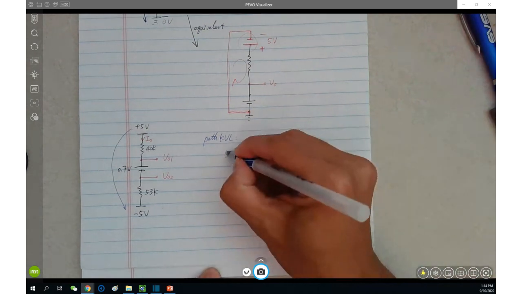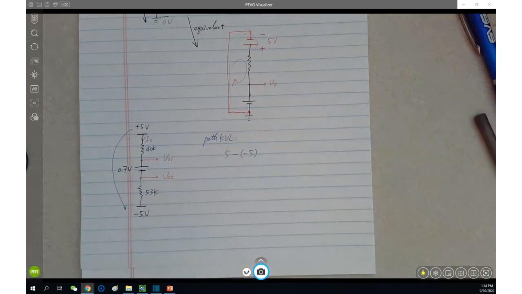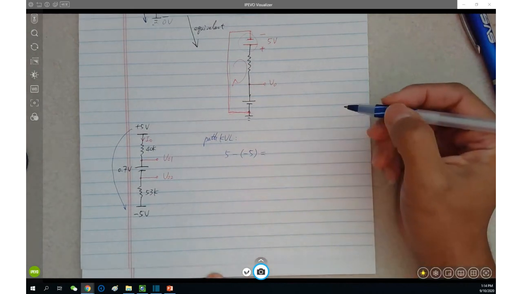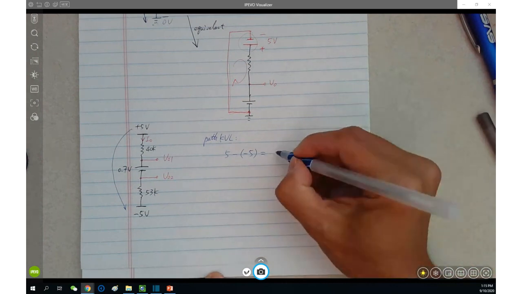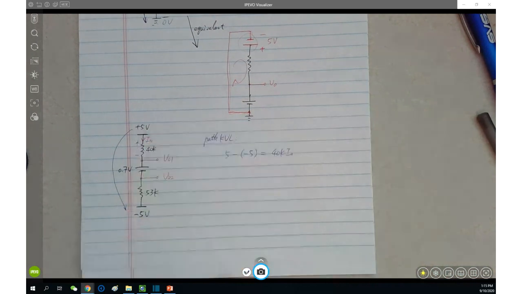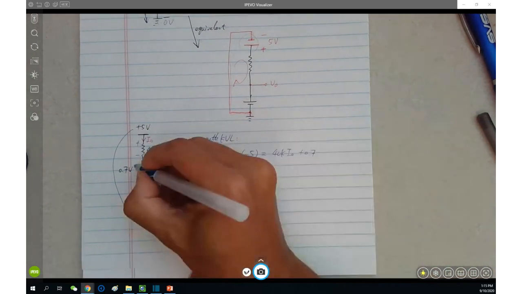So if you assume from top to bottom, the downwards pass direction, then what we have is 5 minus what? 95, right? From top to bottom, the span is obviously positive, from 5 to 95, the span is 10. So 5 minus 95 equals 40K times I naught, introducing the voltage like this, plus 0.7 with the voltage polarity like this.